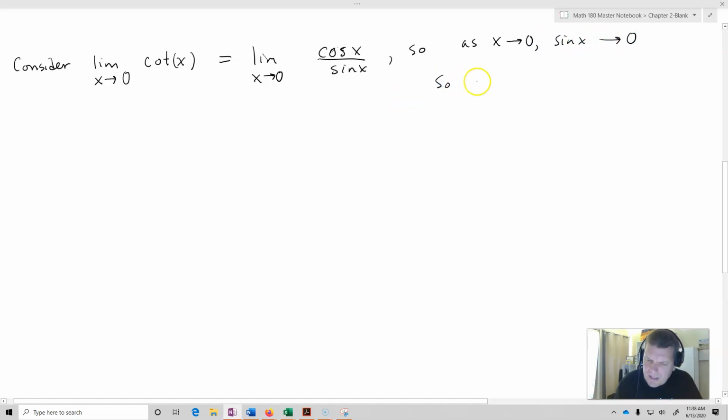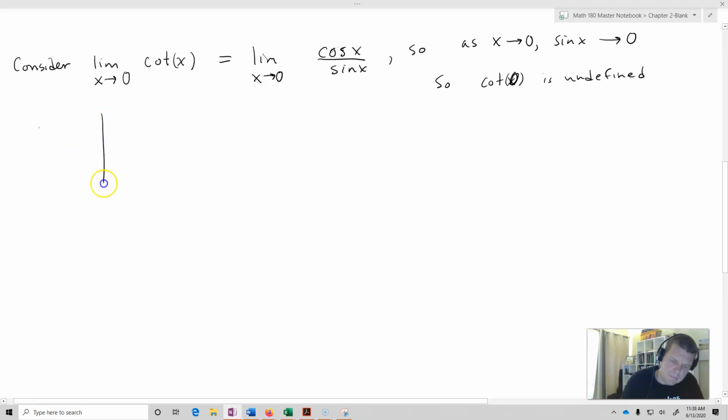So cotangent of 0, excuse me, is undefined, right? Basically have that idea.